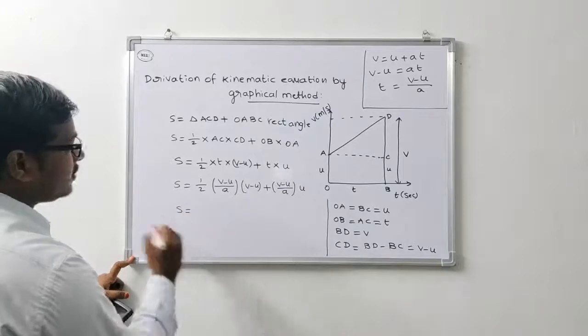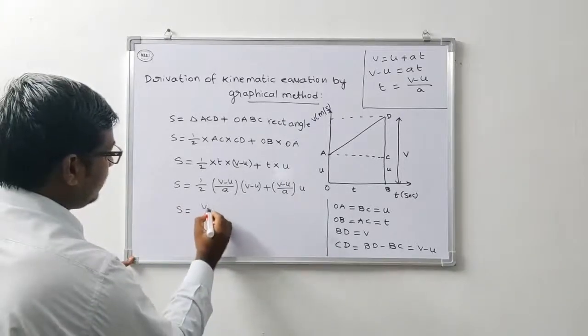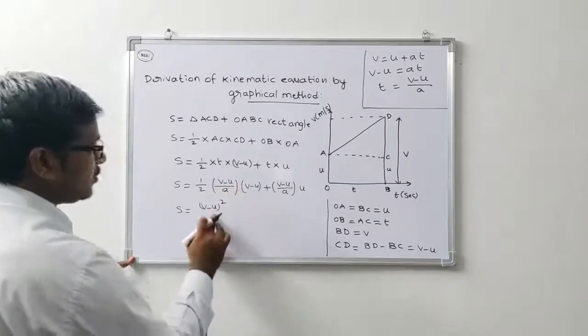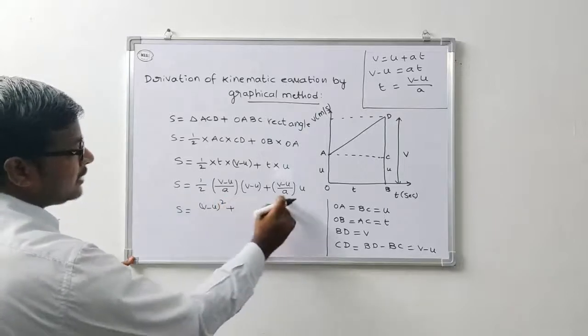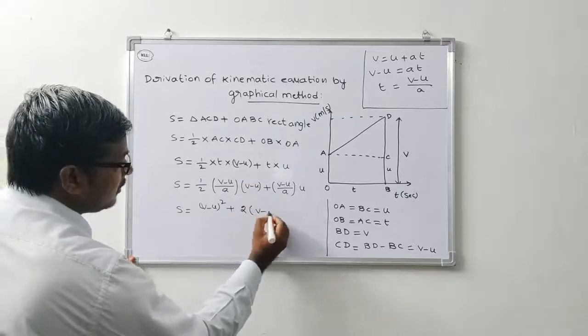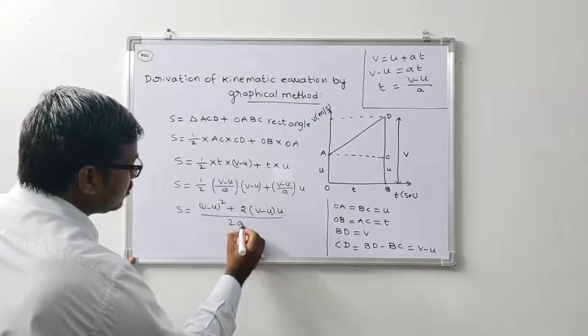Okay, S is equal to V minus U into V minus U whole square, plus, LCM 2A is only A, so cross multiplication, 2 into V minus U into U by 2A.